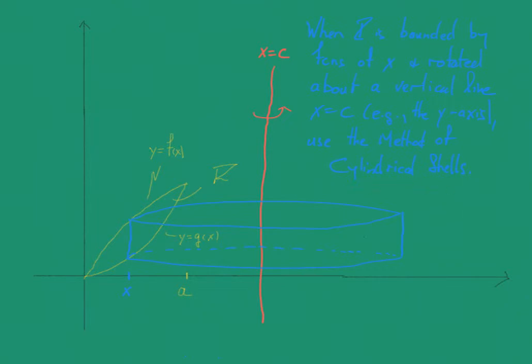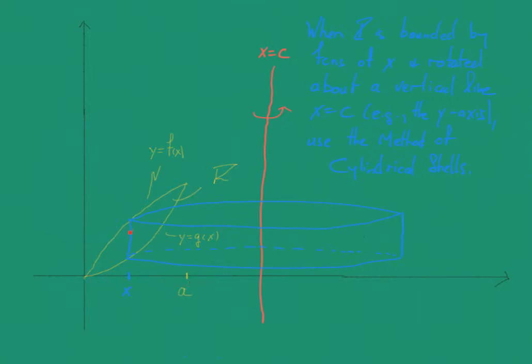How would I actually remember this? I wouldn't memorize all of this. Again, all I would remember is that because R is described in terms of functions of x, I will consider vertical line segments at x for each x corresponding to points in our region, in this case x between 0 and a.